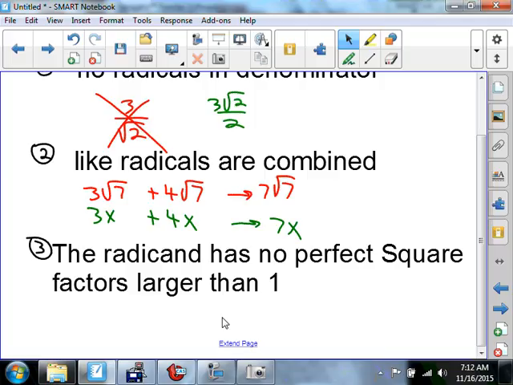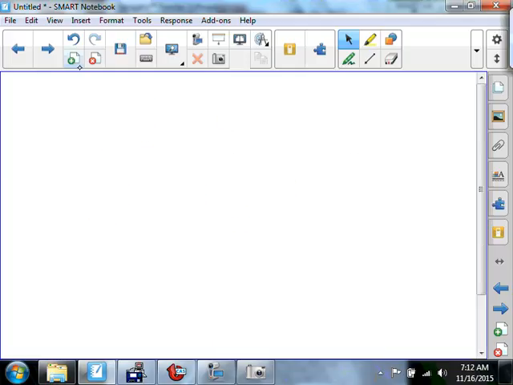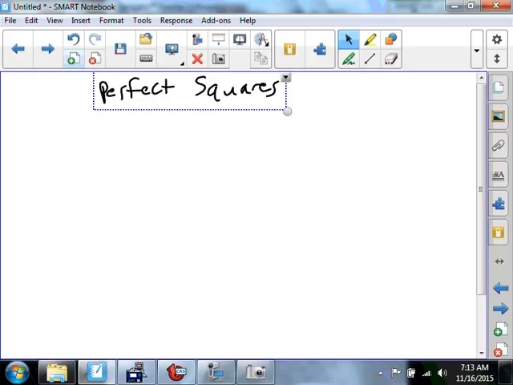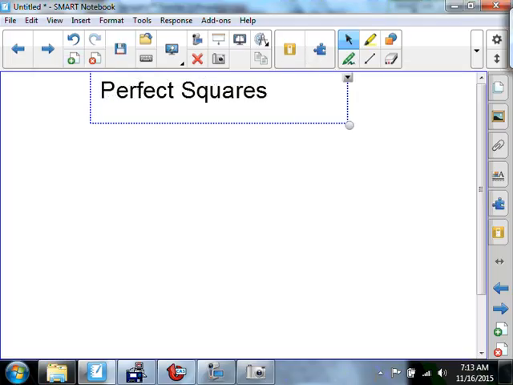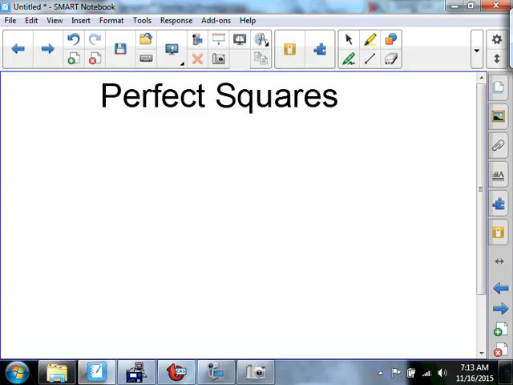So if you haven't figured it out yet, I mentioned it last week, so maybe you remember. When you simplify radicals, you're going to be finding factors of numbers. More specifically, you're going to be looking for perfect square factors. If you don't remember your perfect squares, there's going to be a perfect squares test for my Algebra 2 classes this week, probably tomorrow.